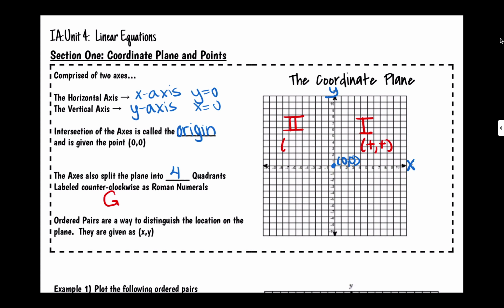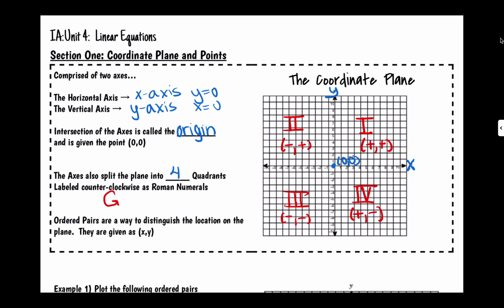And that is negative x values but positive y values. After that, we have the third quadrant, which is both negative x and y values. And finally, our fourth quadrant, which is positive x but negative y.